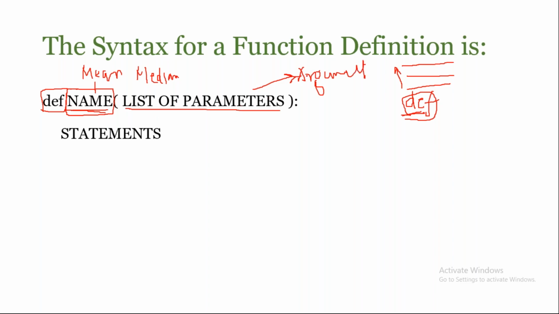We'll make the distinction between the two, but for the time being, just assume that these are two words that deal with the definition of a function. So parameter deals with the definition of the function, and argument deals with the usage, whenever you are going to use the function. Argument will come into the picture when you use the function that you have already defined, and parameter will come into the picture when you define your function.